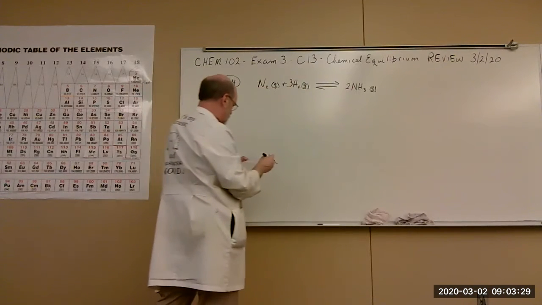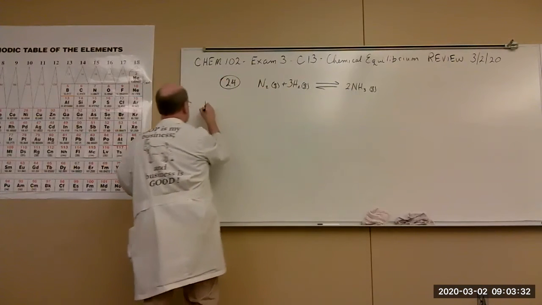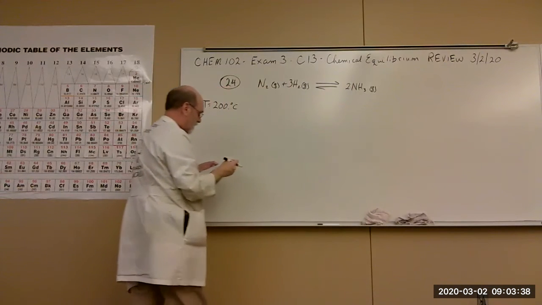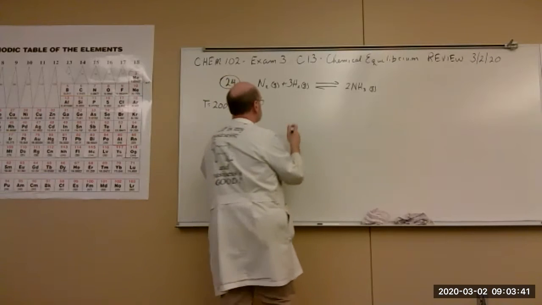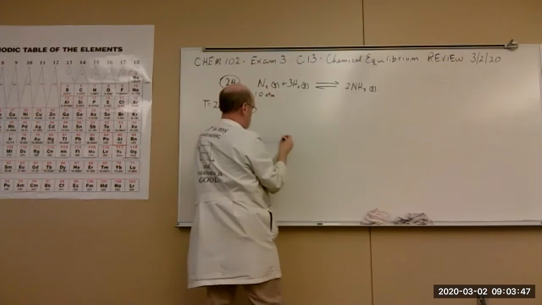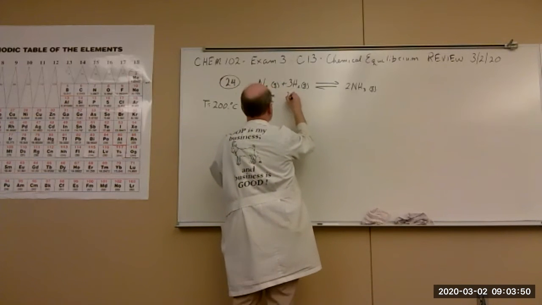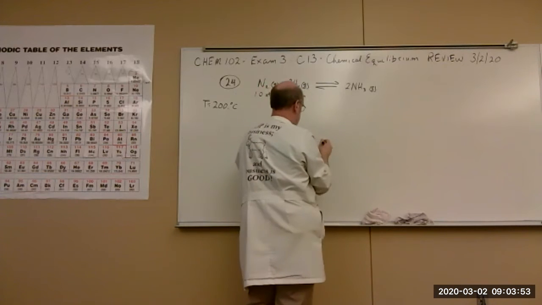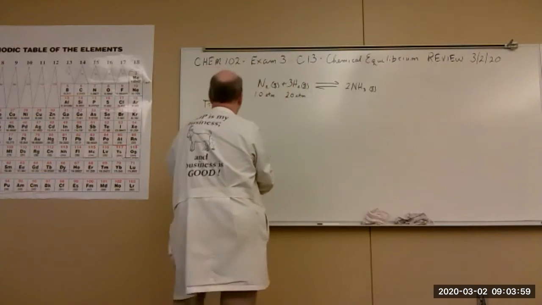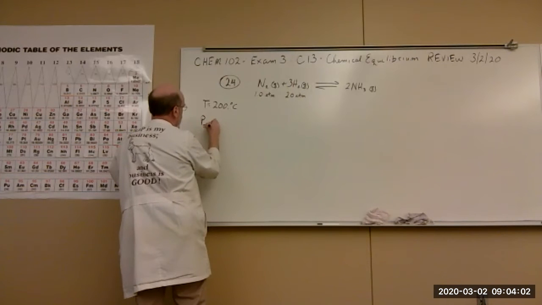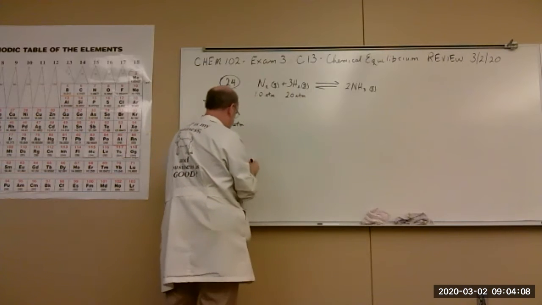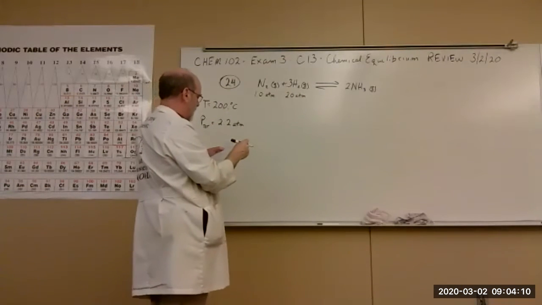At 200 degrees centigrade in a closed container, so temperature equals 200 C, 1 atmosphere of nitrogen gas, so this is 1 atmosphere, is mixed with 2 atmospheres of hydrogen gas. And at equilibrium, the total pressure is 2.2 atmospheres. What's the partial pressure of hydrogen gas?